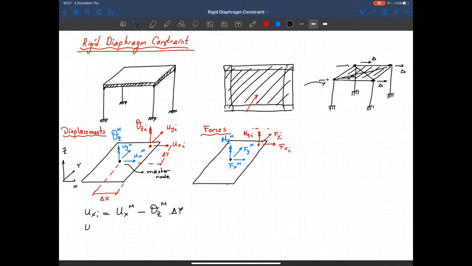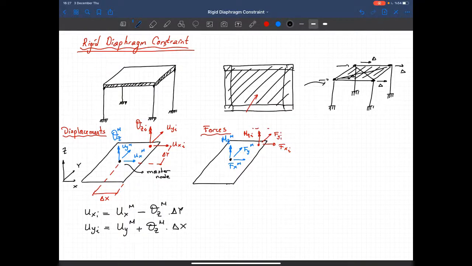Let's write the same relationship with uyi. They will translate the same amount, and again, because of this rotation, I will see some additional translation. So I have plus theta z m multiplied by delta x.